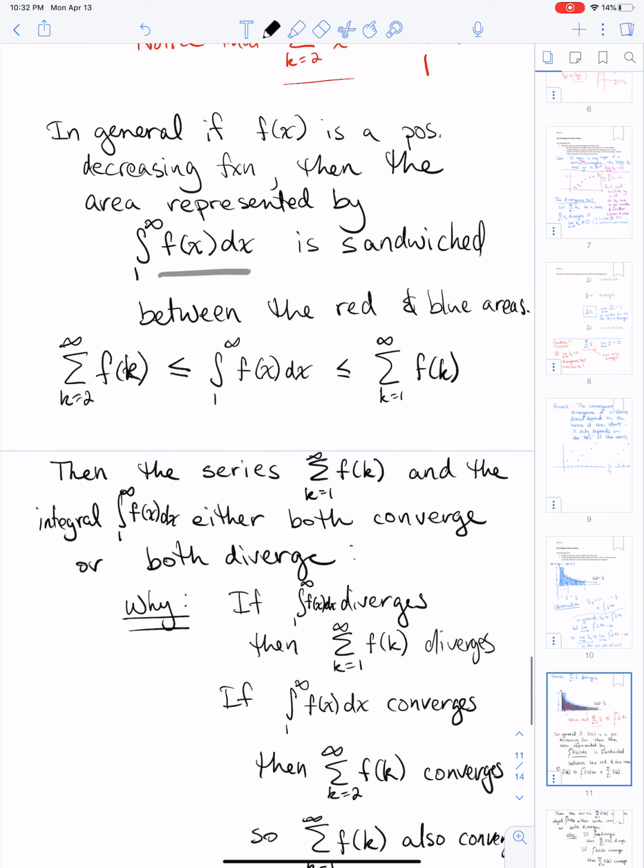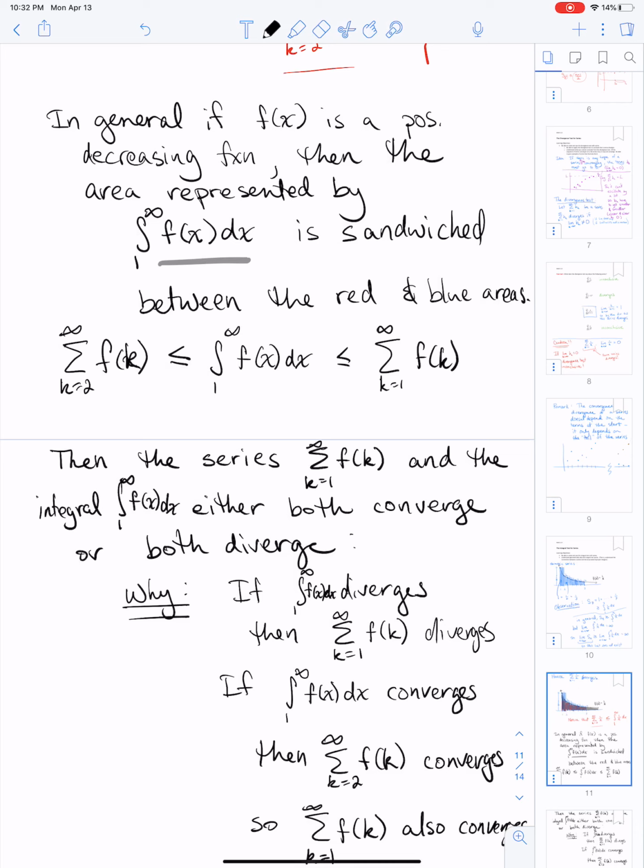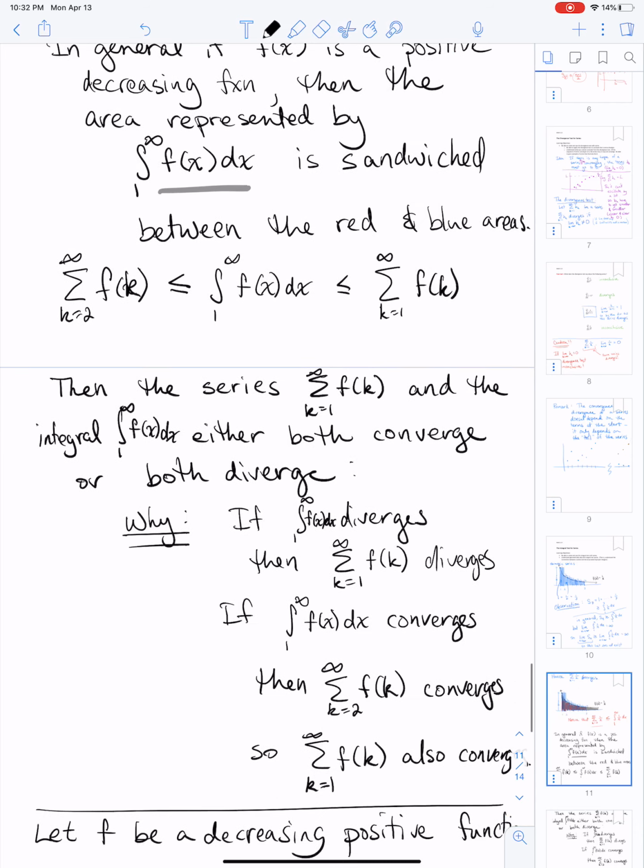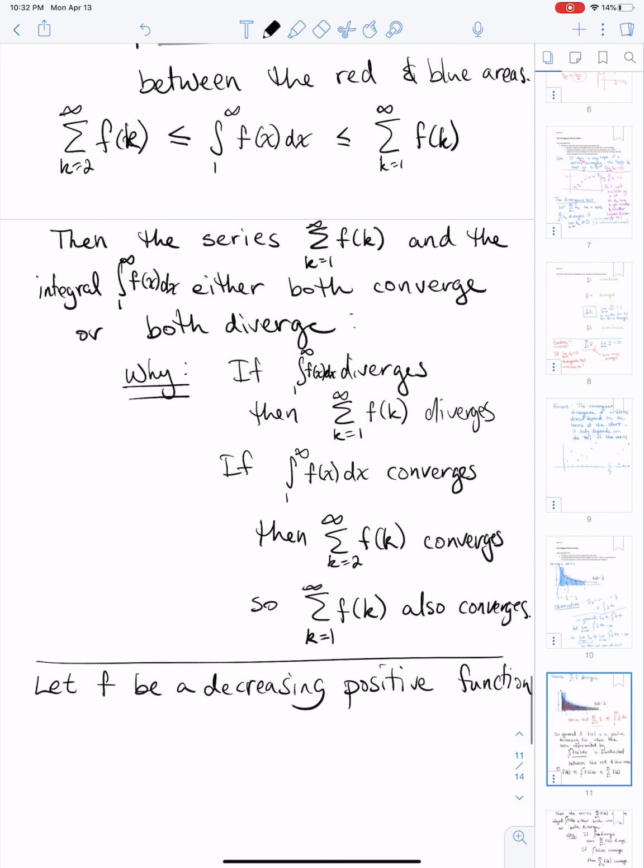Yes, I did say it's a positive function up here. Okay, so f is a decreasing positive function. And now the difference here, your book says for all x greater than c, and c is some constant.